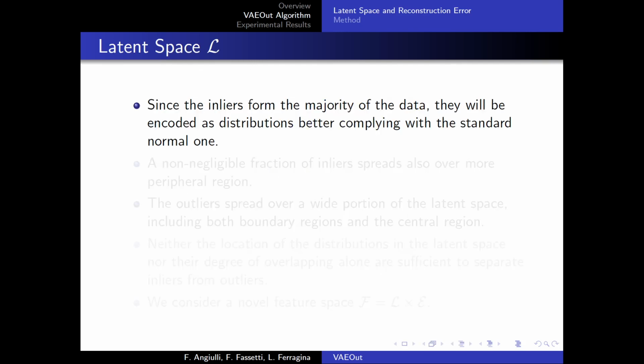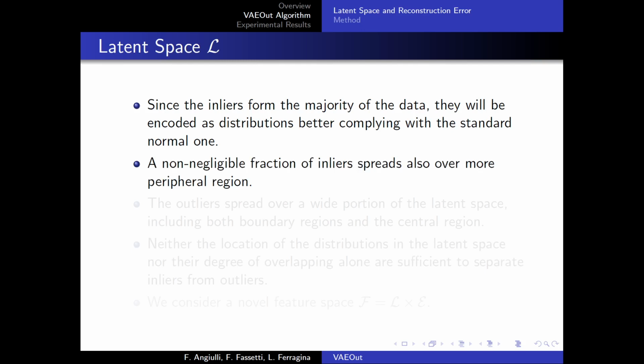We can see that since the inliers are the majority of the data, they will be encoded as distributions similar to the standard normal. But a non-negligible fraction of inliers spread also over a more peripheral region.